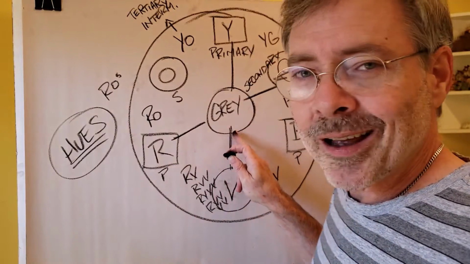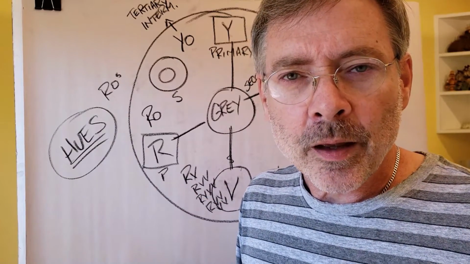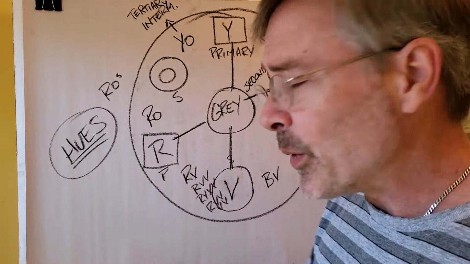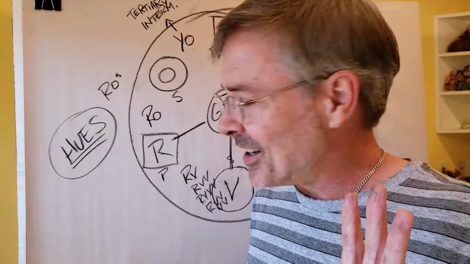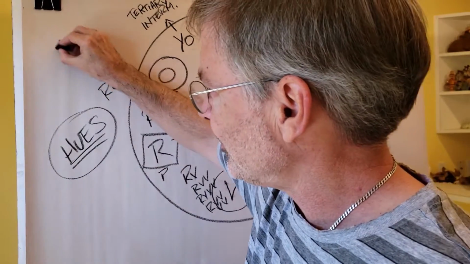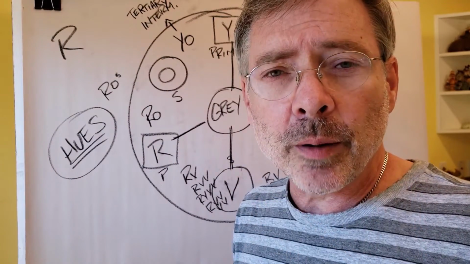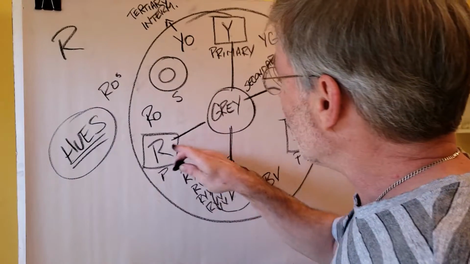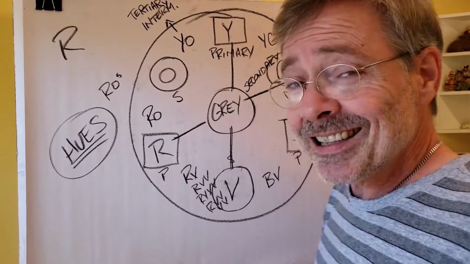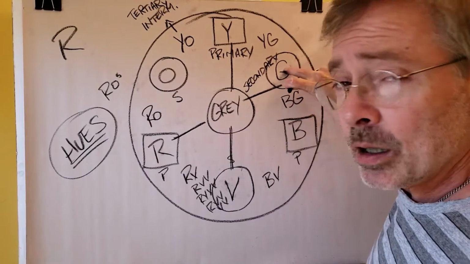Well, then we get a gray. Makes sense, right? Because it's the same thing. So, what happens when we mix red and green together? Well, notice something here. Red is red. What two colors are in green? Remember, green is a secondary color. It's a mixture of two primaries. Red and green is the same thing as saying red and yellow and blue, right?